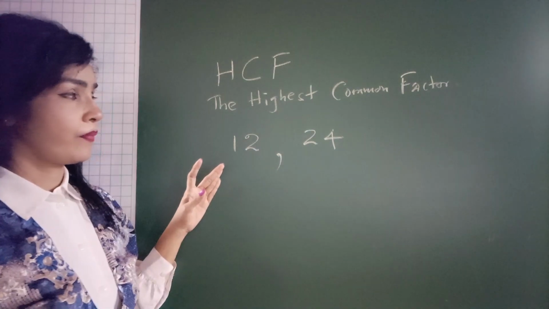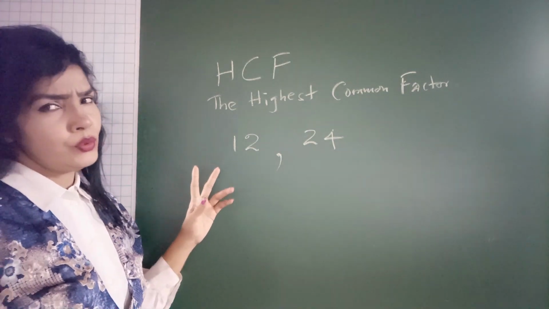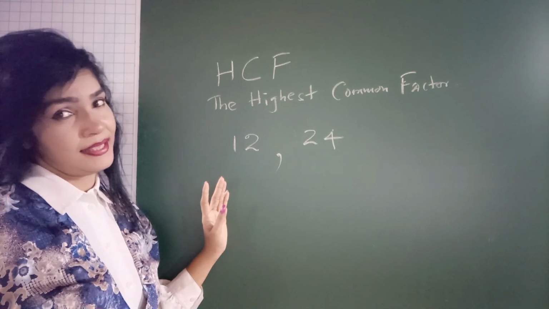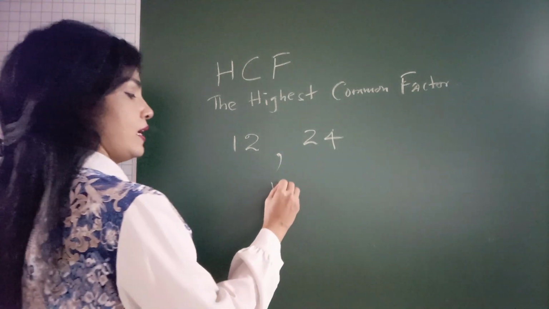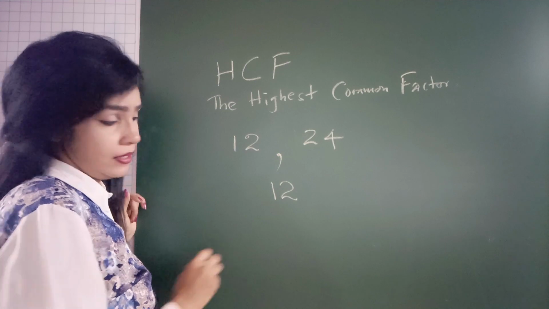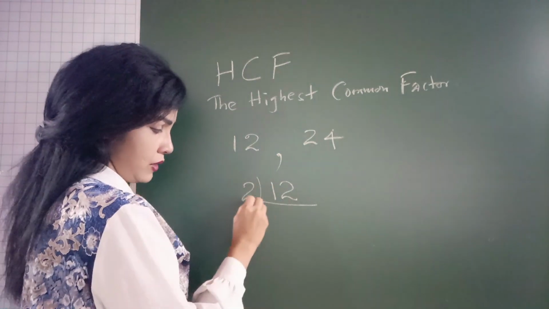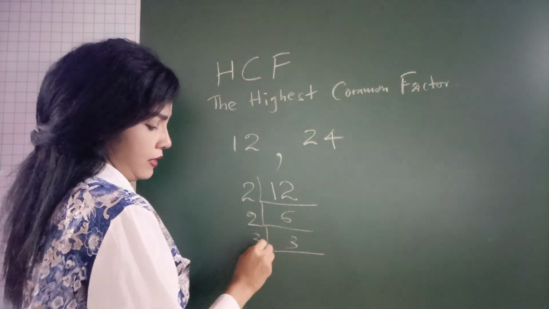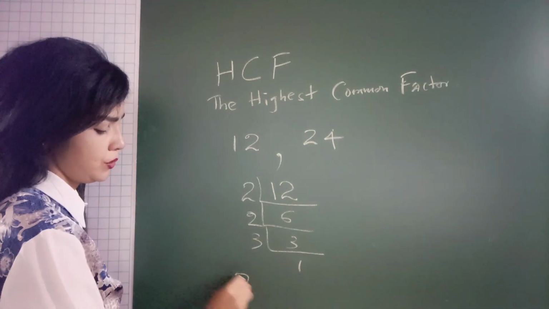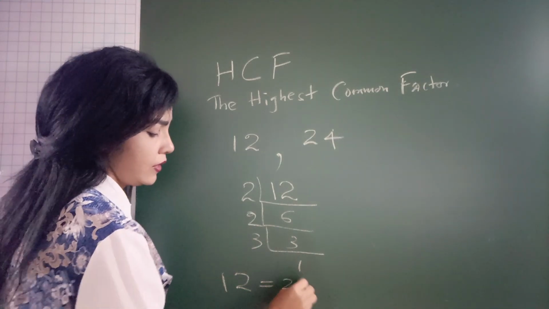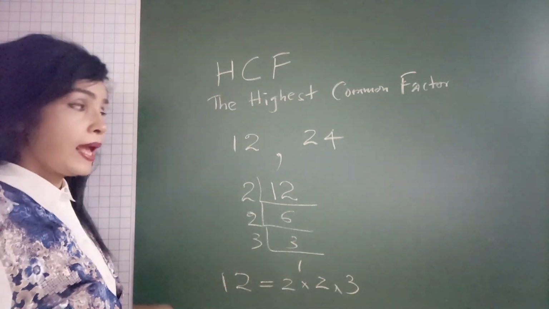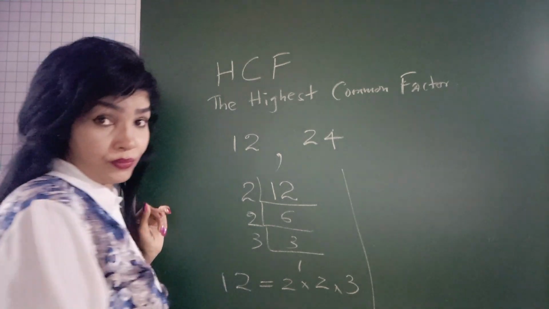Usually what the students do when they get a question like this is, they divide 12 by 2, 6, divide by 2, 3, divide by 3, 1. So they write 12 is 2 into 2 into 3, right? And then again, they take 24.